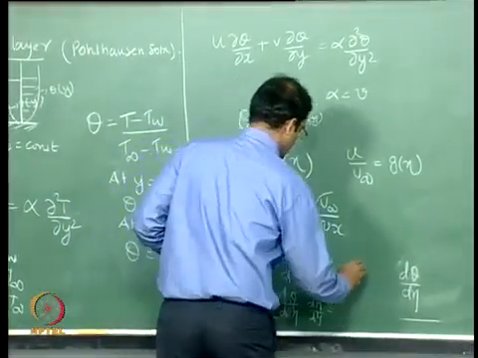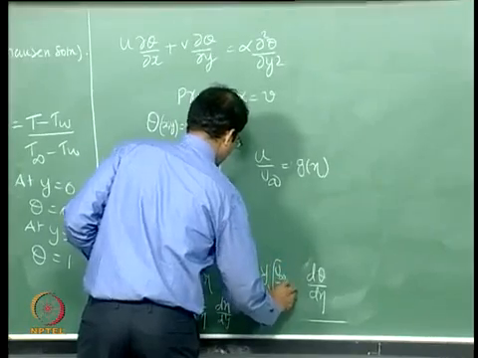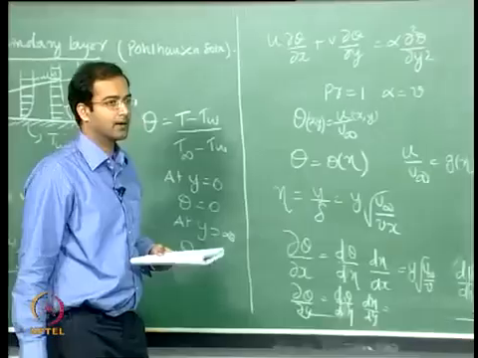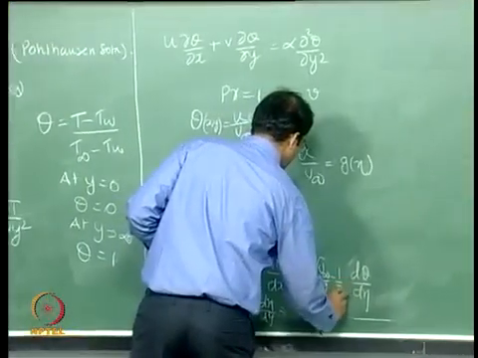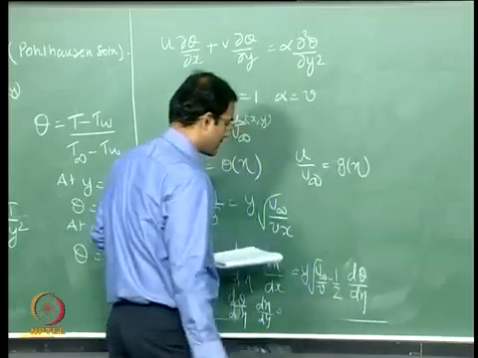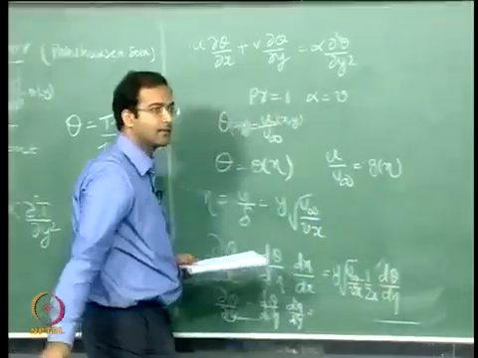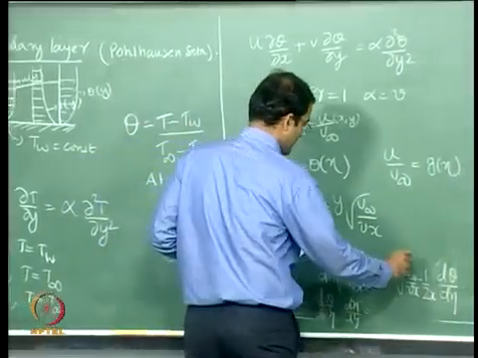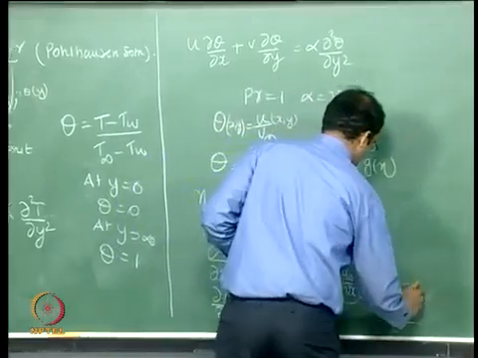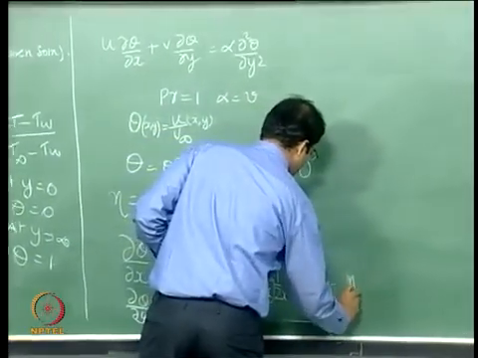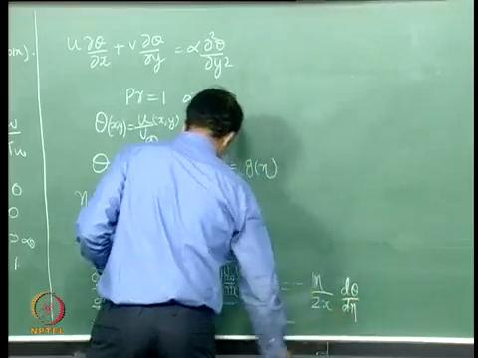So this is y square root of u infinity by nu into x power minus half differentiated, that is minus half, so you have x power minus 3 by 2, which I can again write like this, and this already is my eta. So this can be written as minus eta by 2x into d theta by d eta.